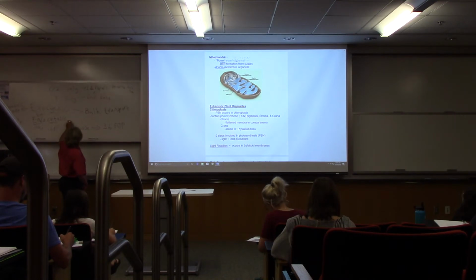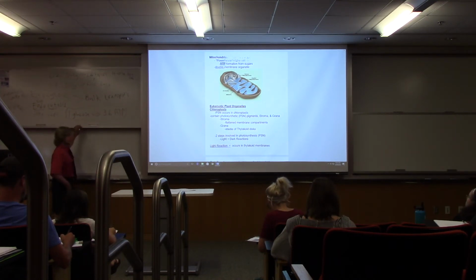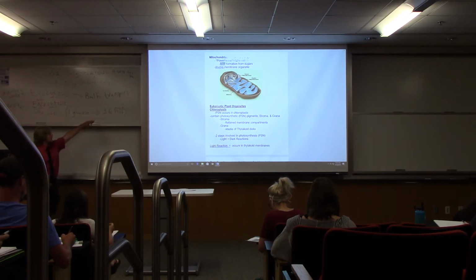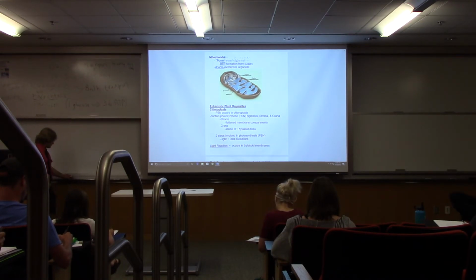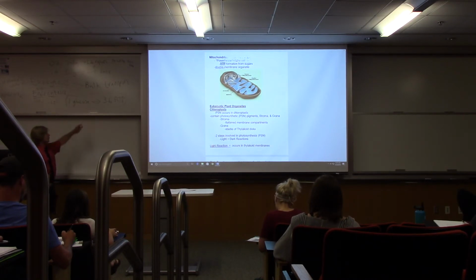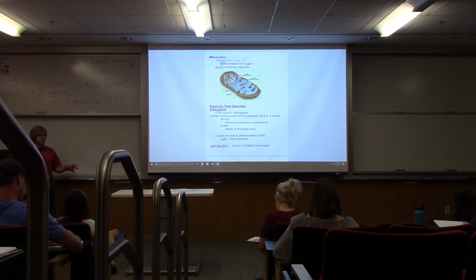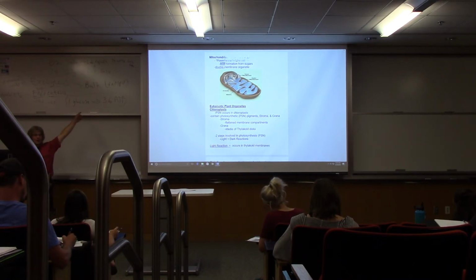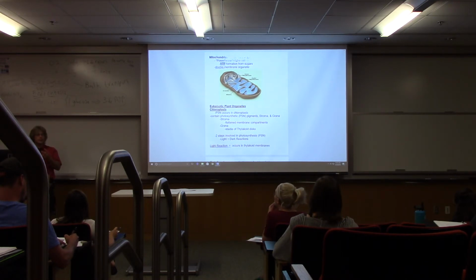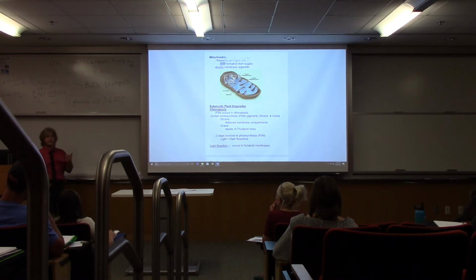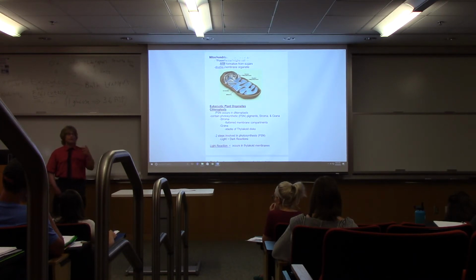Again, for every one glucose molecule, up to 36 ATP molecules through aerobic respiration. If you don't have oxygen, anaerobic respiration, for every one glucose molecule, you're only getting 2 ATPs. So that's one of the advantageous aspects of oxygen, and that's why we need oxygen so much.